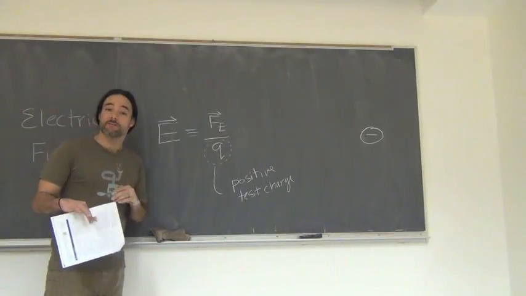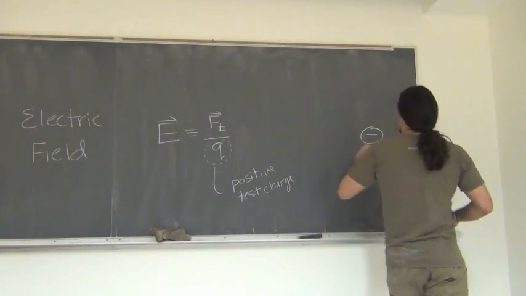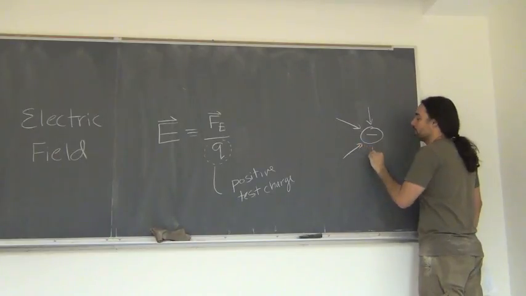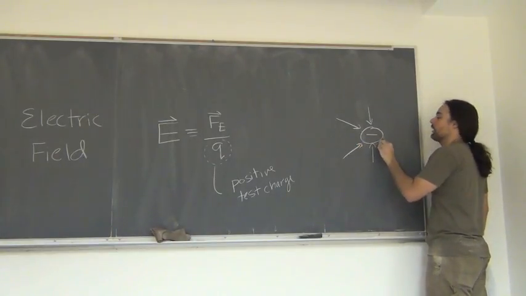So let's say I have a negative charge. It turns out we can draw our electric field like this. These are known as electric field lines, by the way.